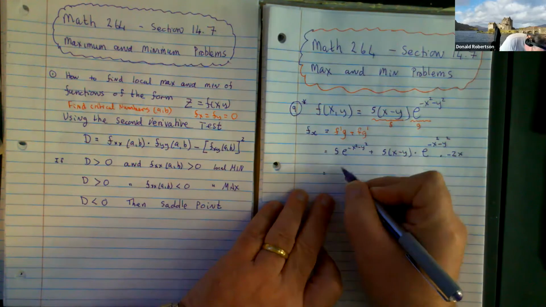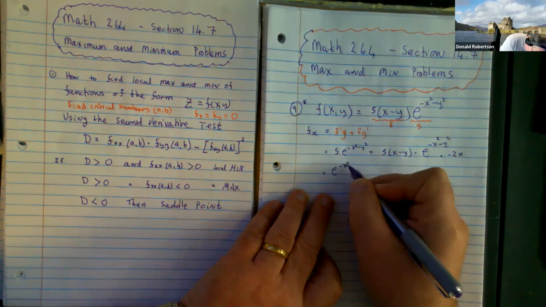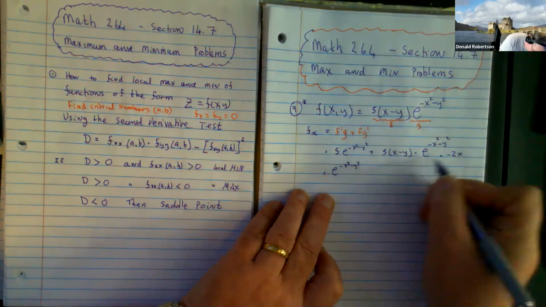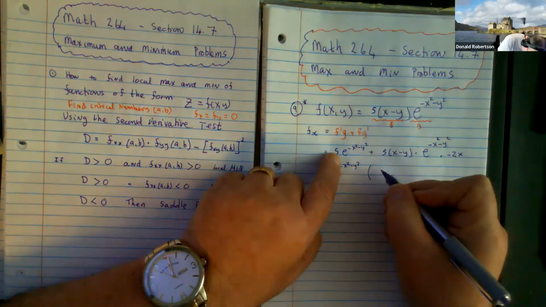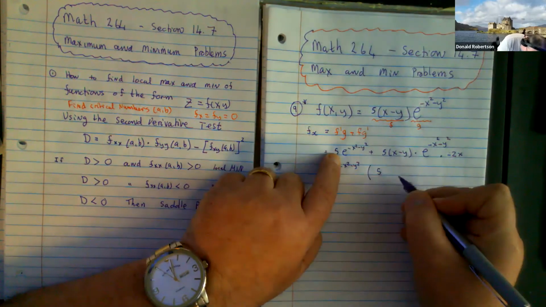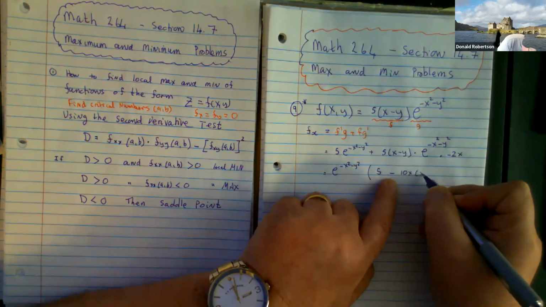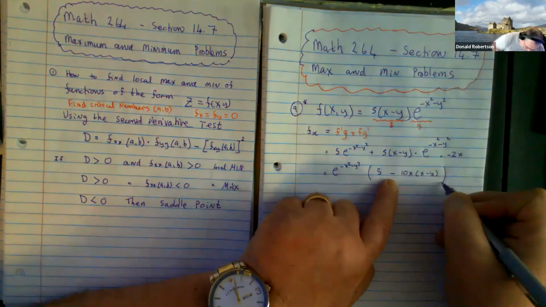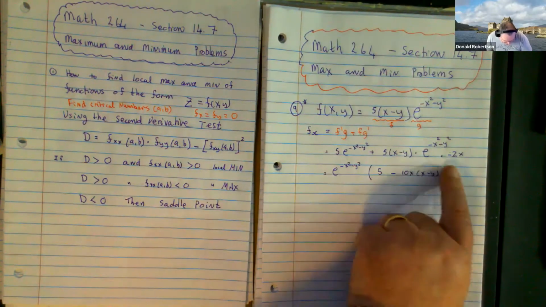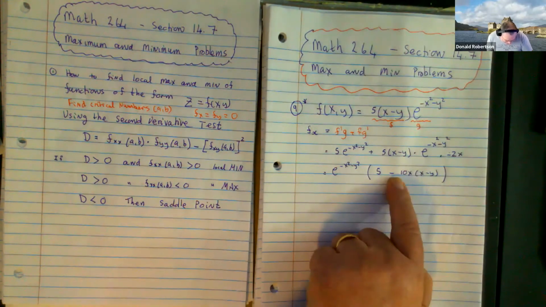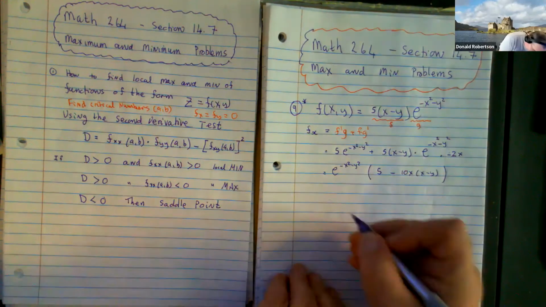I'm going to pull out e to the negative x squared minus y squared because they both share that as a common factor. This guy is nice. This guy is extremely ugly. Check I got that right. That and that gets you negative 10x times this.